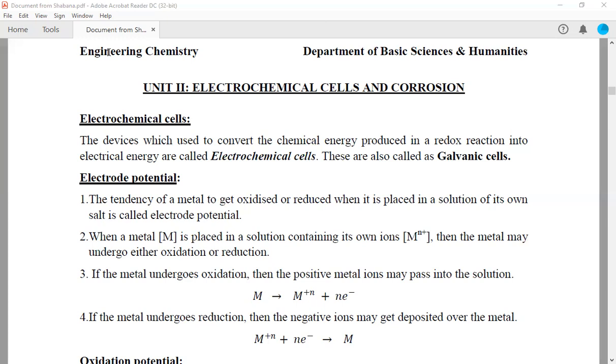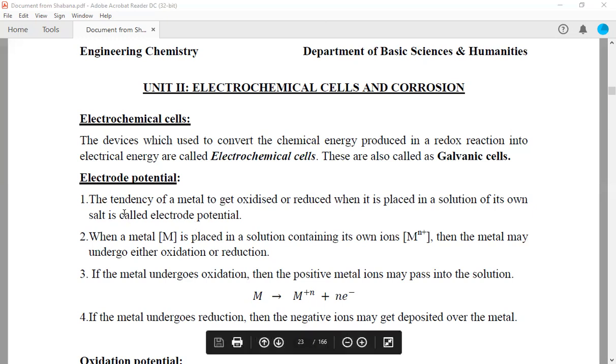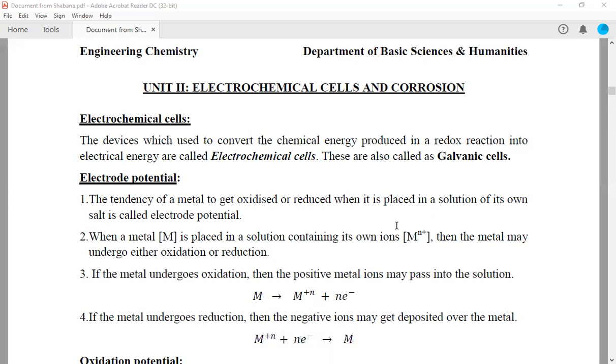Potential means the tendency of the electrode, that is, a metal. The electrode means whatever metal we are using in the electrochemical cell. The tendency of a metal to get oxidized or reduced when it is placed in the solution of its own salt is called electrode potential.